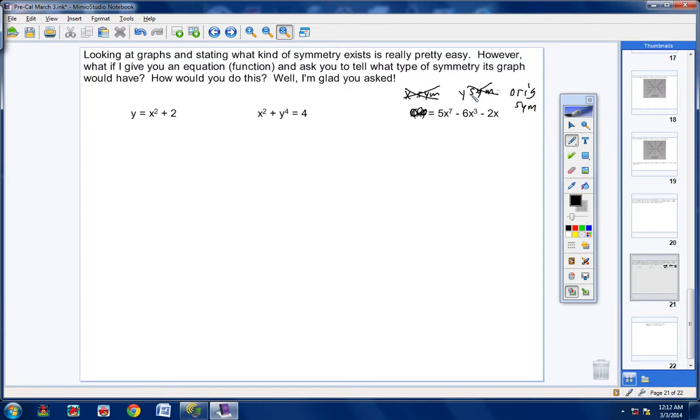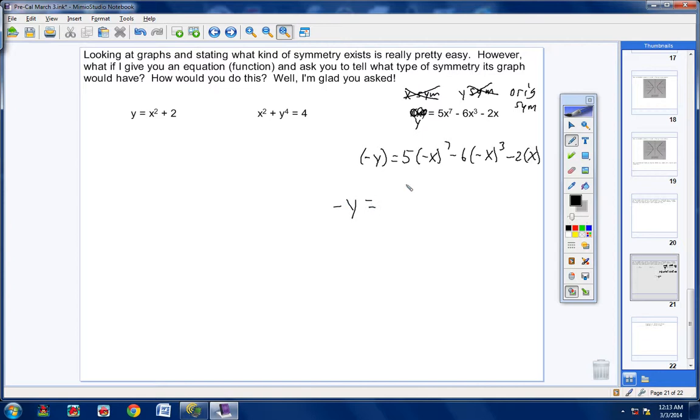Now let's check for origin symmetry, and we're finally done. Here we go. So where the y is right here, I'm going to substitute a negative y. You're going to be surprised what happens here. And then where the x's are, I'm going to substitute a negative x. Now, first of all, a negative y in parentheses is just negative y.